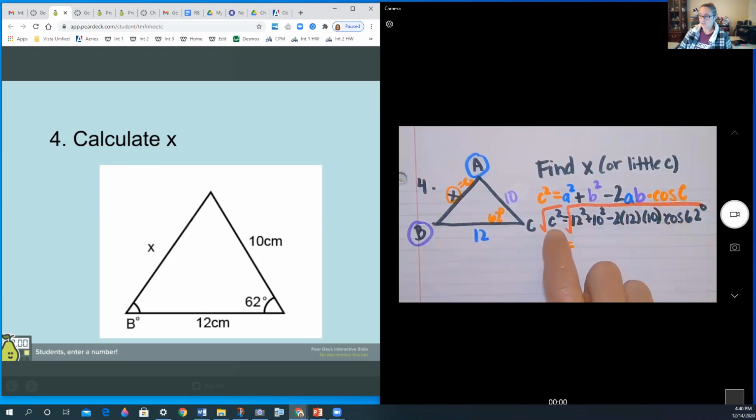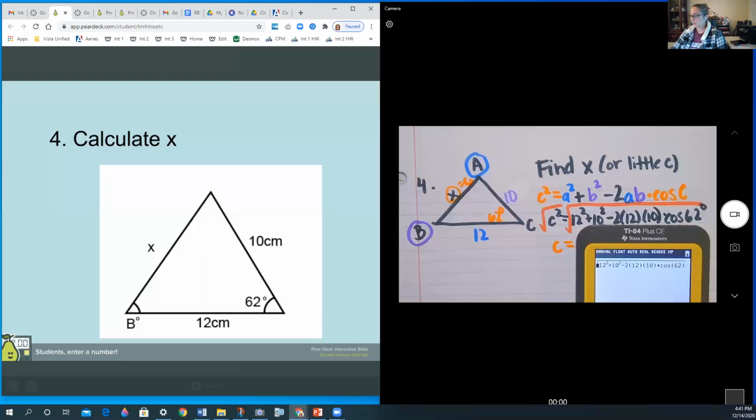And then since it's c squared and I want just c, I'm going to take the square root. Okay, and I'm going to put that into my calculator to get my answer. And so when I put that into my calculator, I end up with 11.46 as my answer for side C, little c, which is our X.